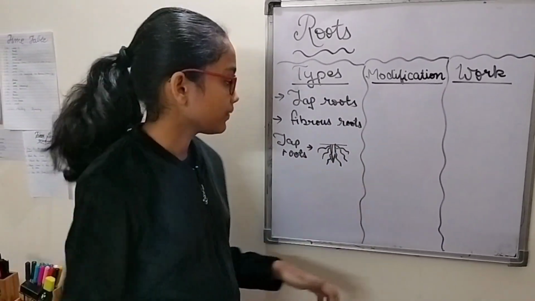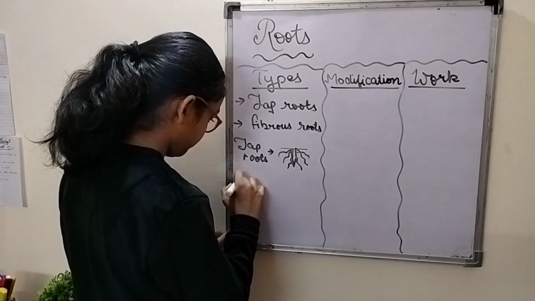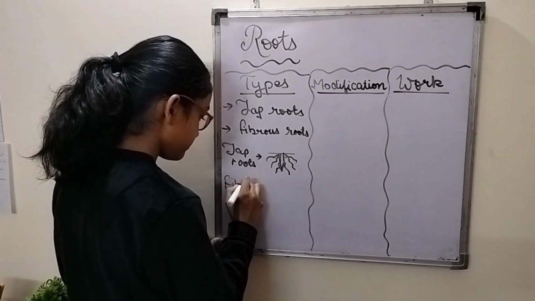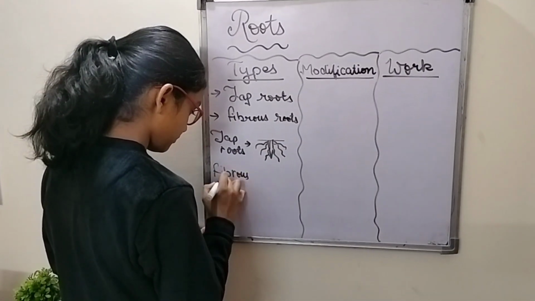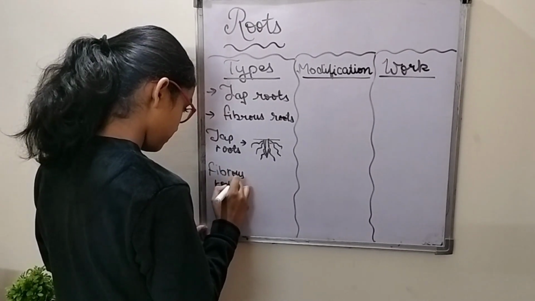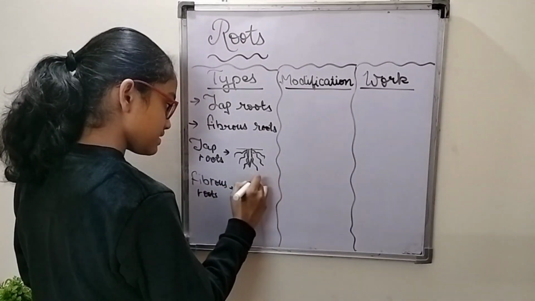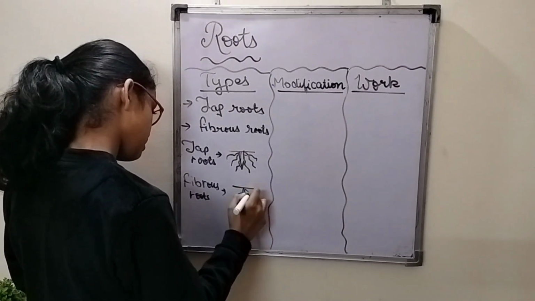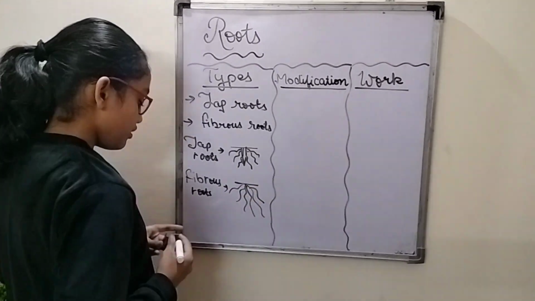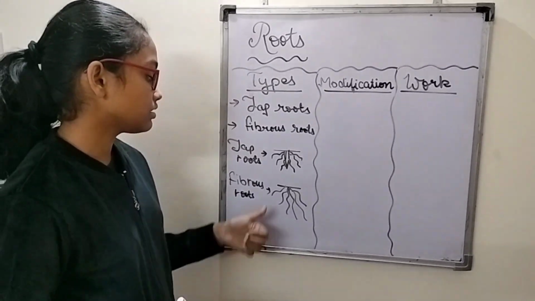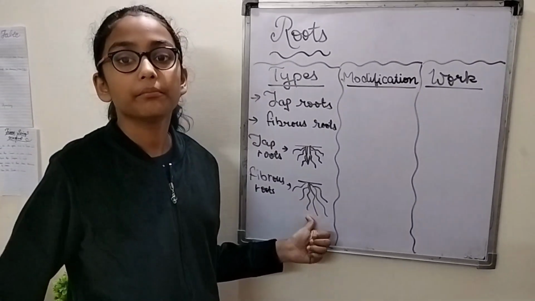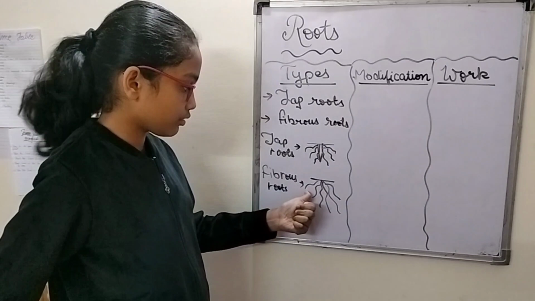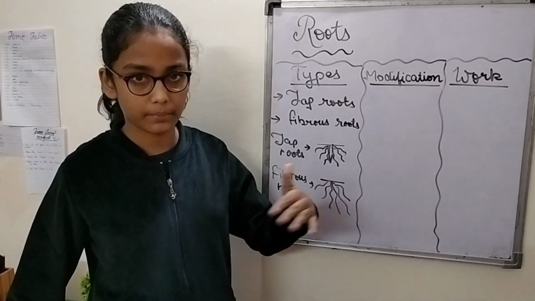Now, fibrous root. This is the plant, and these are the roots. Fibrous root doesn't contain a main root or any lateral roots. They are just like fibers.